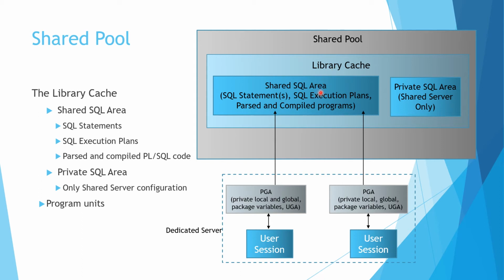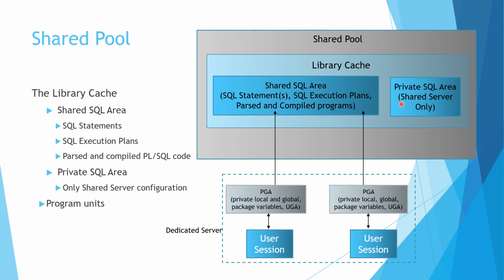The shared SQL area contains all SQL statements which have been executed and shares the code and execution plan of SQL statements amongst all sessions. An execution plan is the steps the database optimizer takes to retrieve query results. Each user session has a PGA, or a private global area. The private global area contains pointers to the shared SQL area.